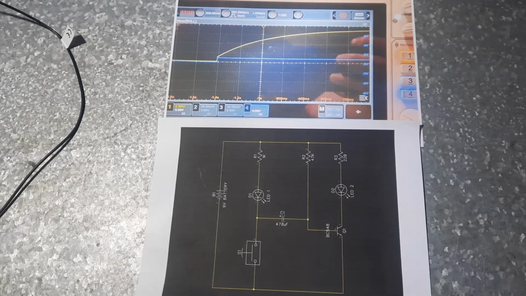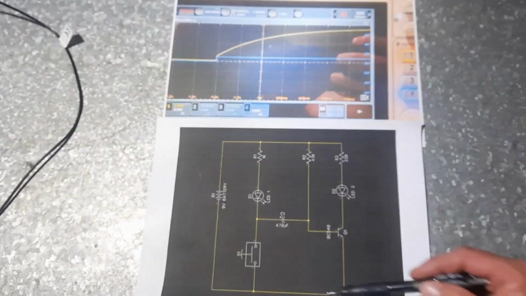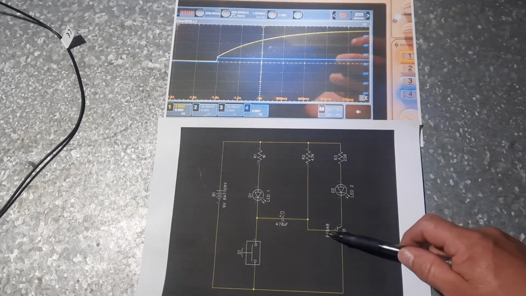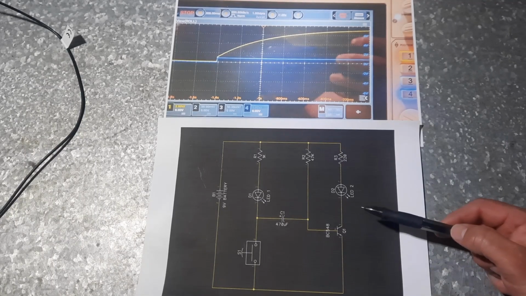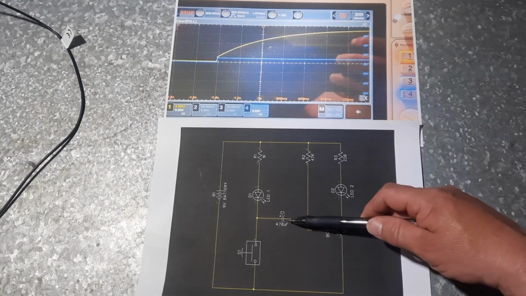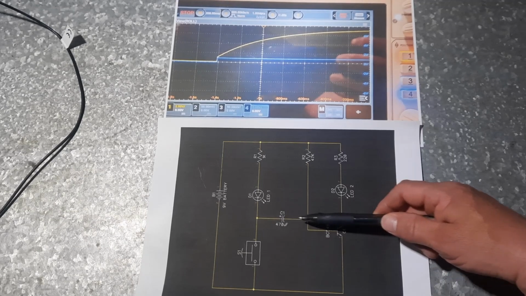So as we know, this blue trace is being measured from here to here. So the scope probe was attached from here to here. And as soon as we turn this on, we're getting our 0.7 of a volt here, which also means we're getting 0.7 of a volt on this side of the capacitor.